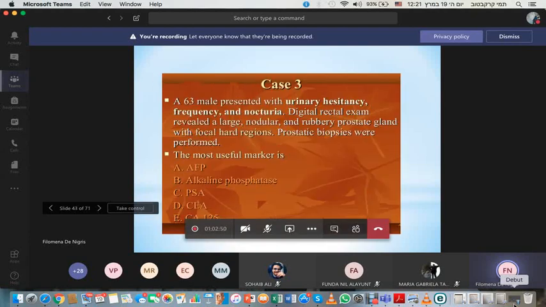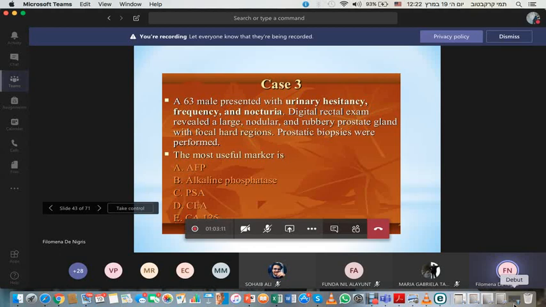which is the right decision on the basis of this case? Which kind of marker can we use? Alpha-fetoprotein, alkaline phosphatase, PSA, CA125.